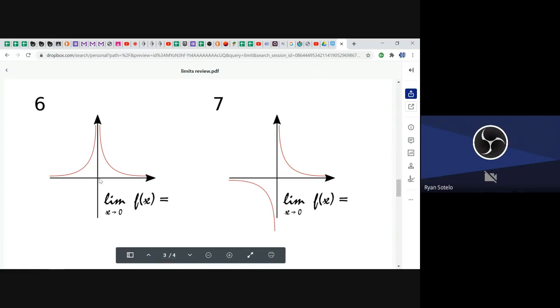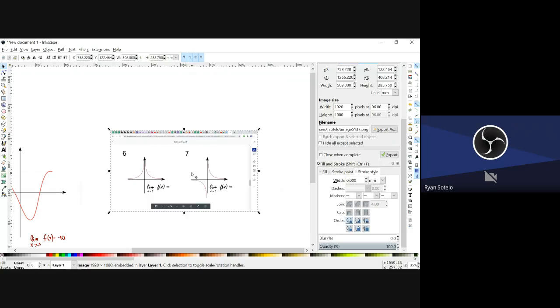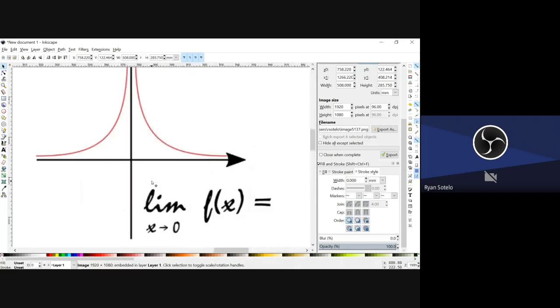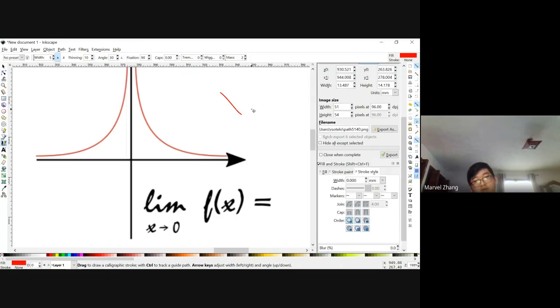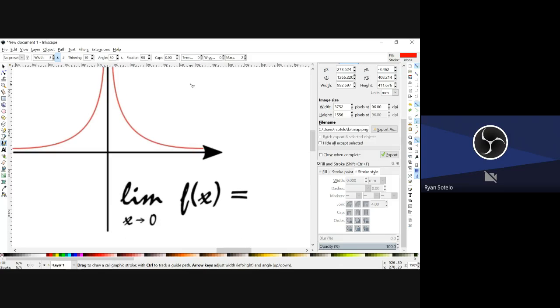All right, so for these ones, I guess I'll do the print screen again. Infinity. Yeah, you could, and this is technically the limit as you approach 0. From the left to the right, they both are the same.